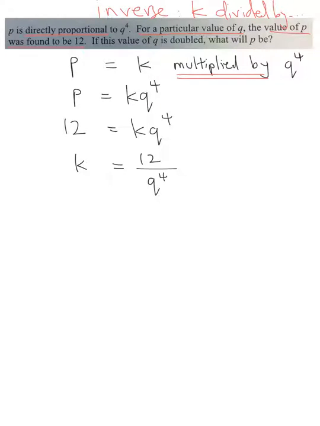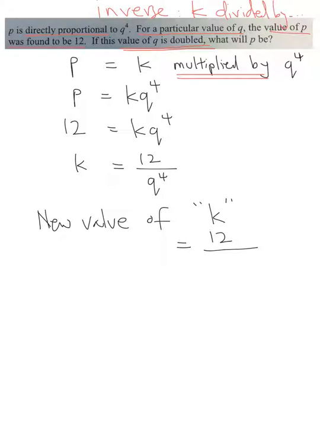Now the thing is, if the value of q is doubled, something will change in the value of k. So I'll write new value of k equals to 12 over.